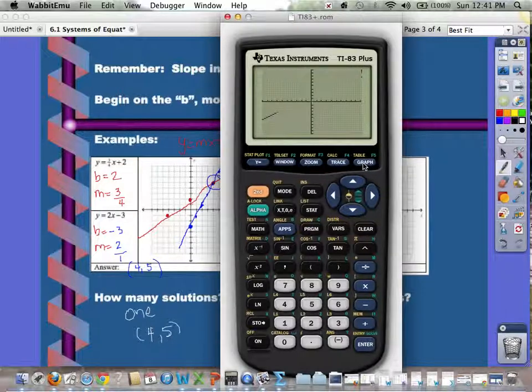Make sure it looks like your graph. You can zoom in or out with the window. We'll practice that in class. But it does intersect. We want to find the intersection. You hit second, trace, and the intersection is 5. Second trace 5. Enter, enter, enter. And it will tell you the intersection is at x is 4, y is 5. So we did that one right.